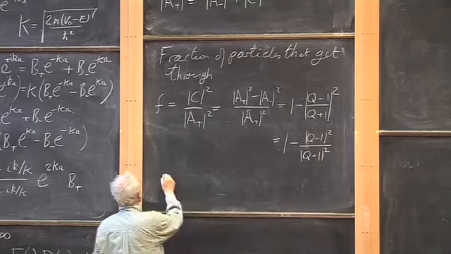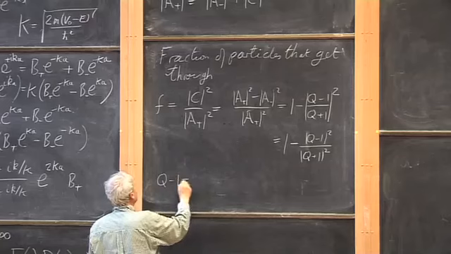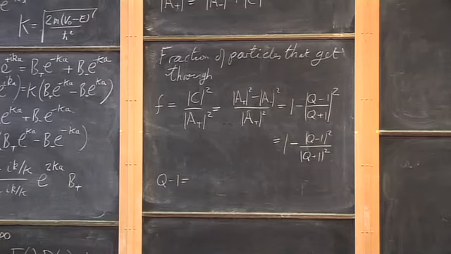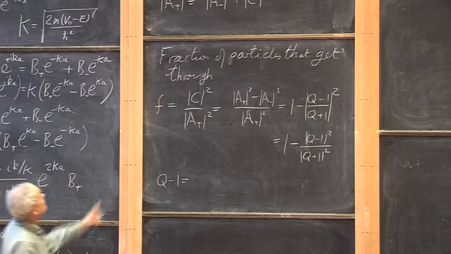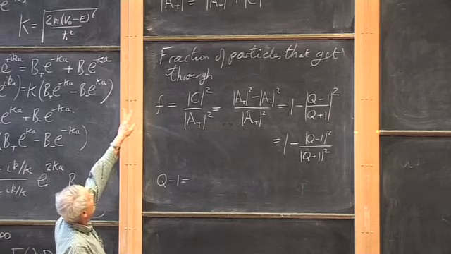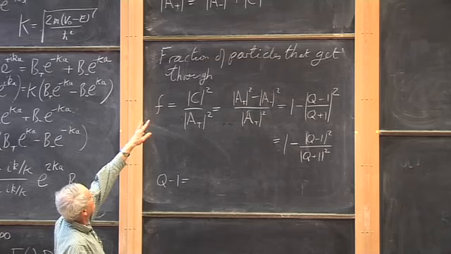So what's q minus 1? Well, on the top it will have the existing top minus the bottom.